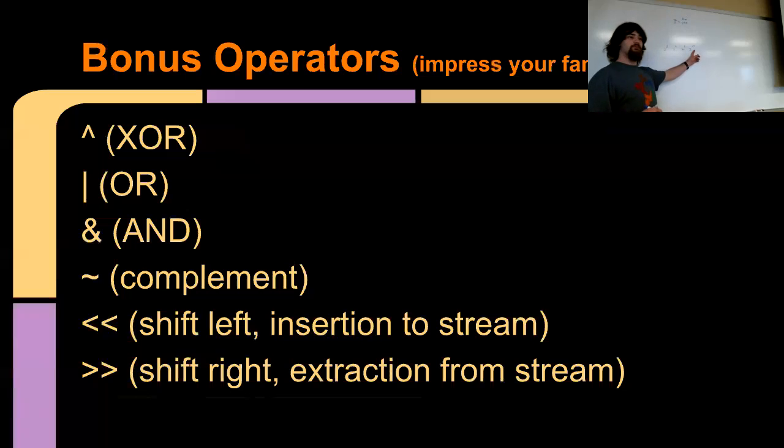What's 2 to the 0? 1, exactly. So this is our ones place. And what's 2 to the first? 2, then 2 to the second is 4, and then 2 to the third is 8. Exactly. And so essentially, each position we go, you just multiply by 2. So the next ones would be 16, 32, 64, 128, and whatnot.